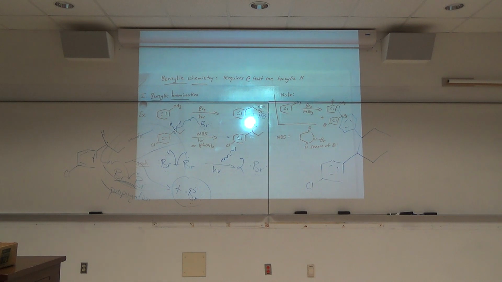The solid. NBS is a safer alternative to bromine. If you drop a bottle of bromine, you're going to have to probably evacuate the third floor. If you drop a bottle of NBS, well, you just sweep it up. And so it's just a safer alternative.